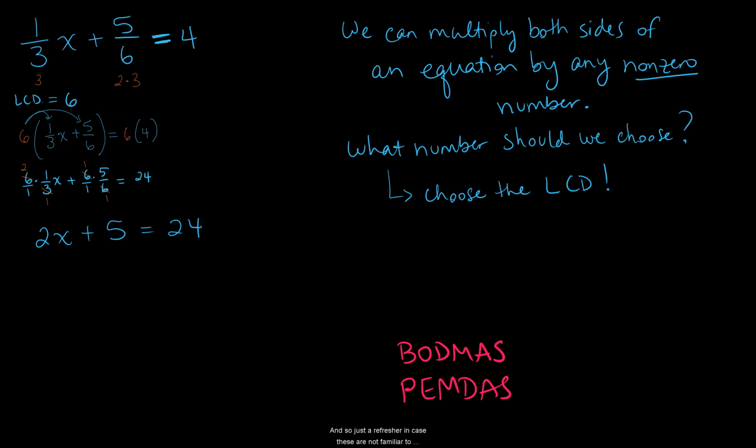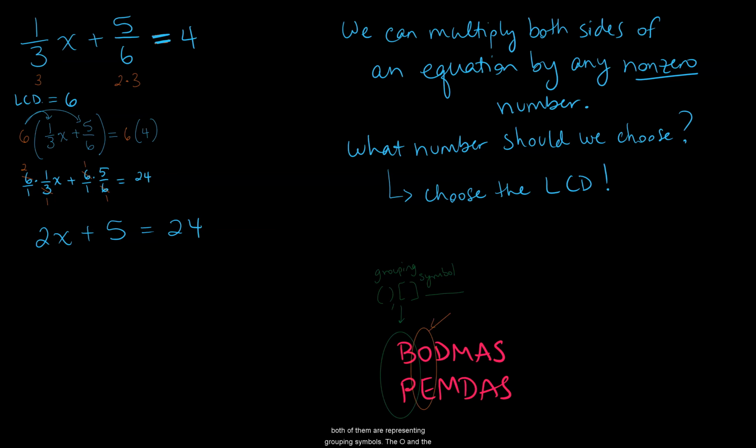And so just a refresher in case these are not familiar to you and you don't want to go Google them, the first letter is referring to parentheses or brackets or any kind of grouping symbol. And in rational expressions, a grouping symbol can be a large division bar. So B for bracket, P for parentheses, both of them are representing grouping symbols.